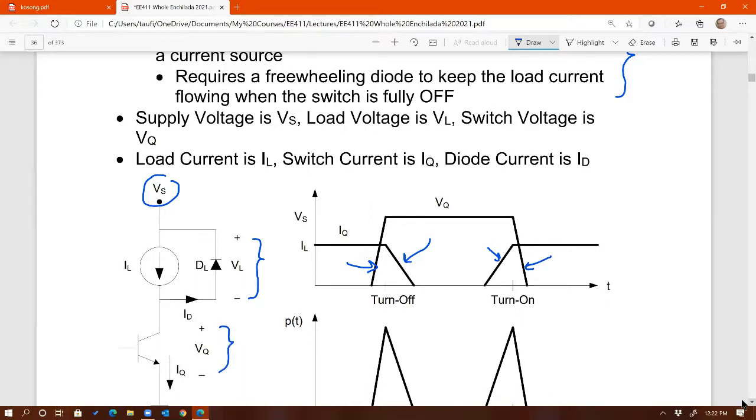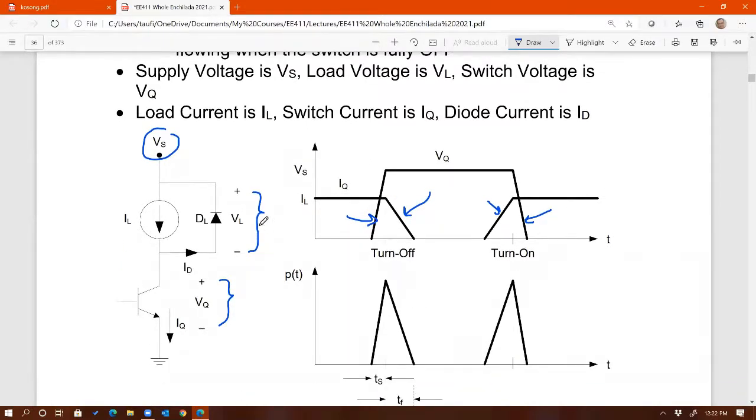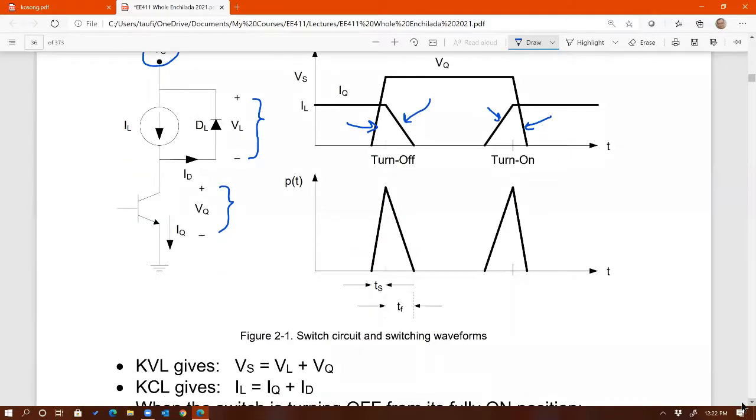Okay, current, we have three different currents. We have load current right there, IL, we have diode current ID, and we have switch current IQ, right? So based on this, I should be able to write KVL and KCL.